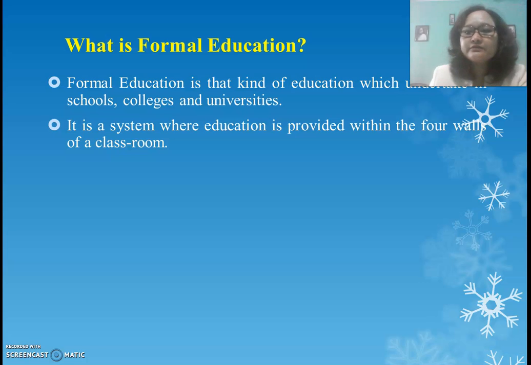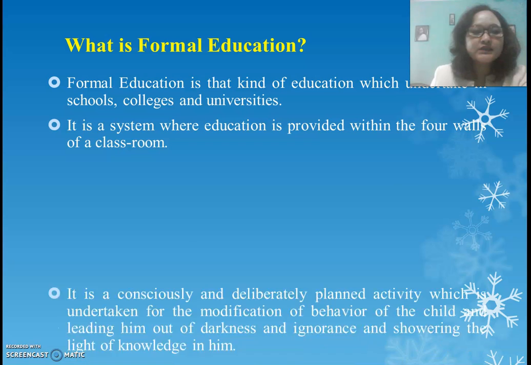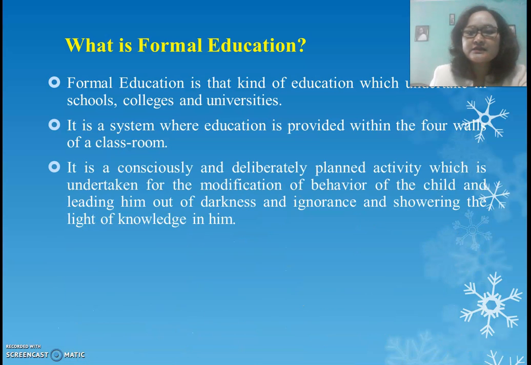It is a system where education is provided within the four walls of a classroom, and we can say that formal education is a consciously and deliberately planned activity undertaken for the modification of the behavior of the child, leading him out of darkness and ignorance and showering the light of knowledge on him.